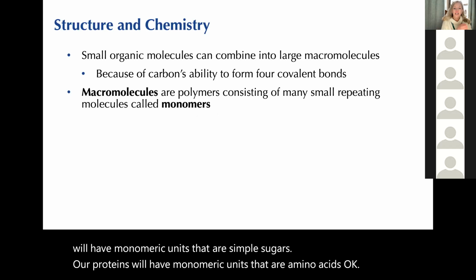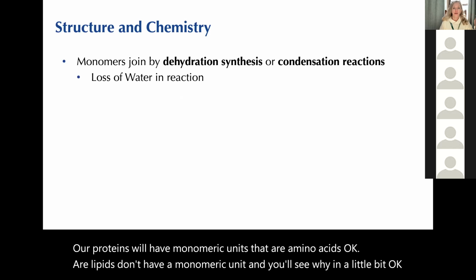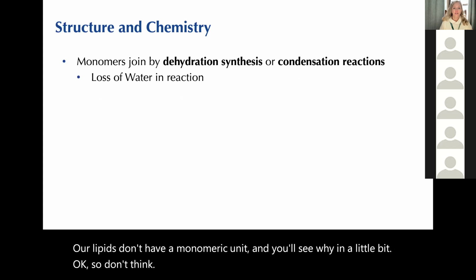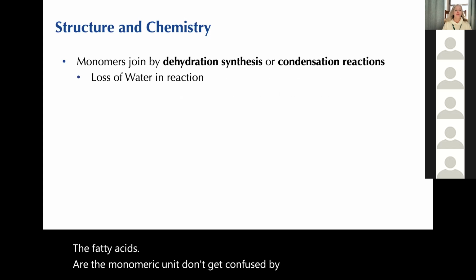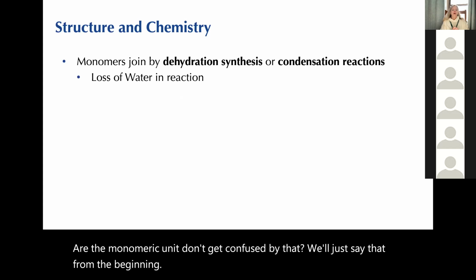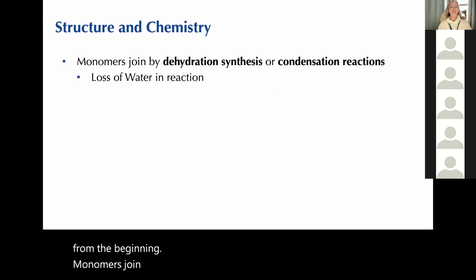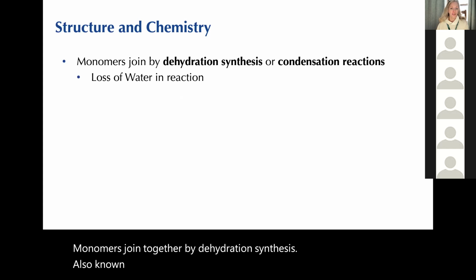Our lipids don't have a monomeric unit, and you'll see why in a little bit. So don't think that fatty acids are the monomeric unit. Don't get confused by that. We'll just say that from the beginning. Monomers join together by dehydration synthesis, also known as condensation reactions.